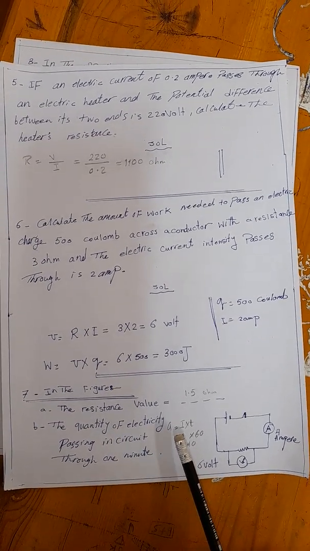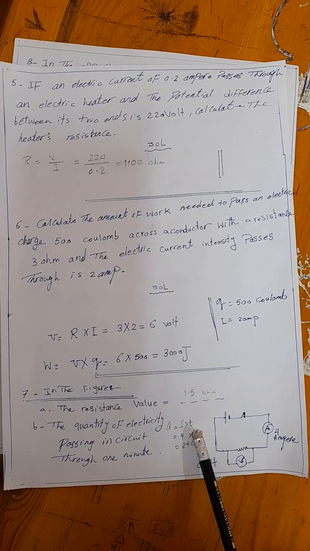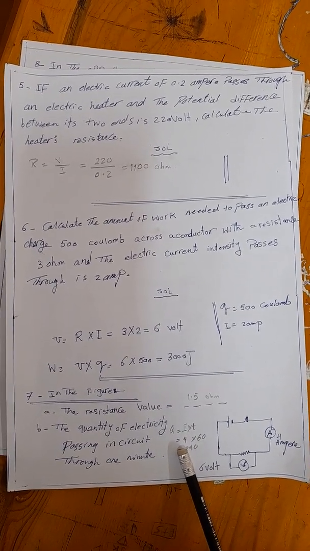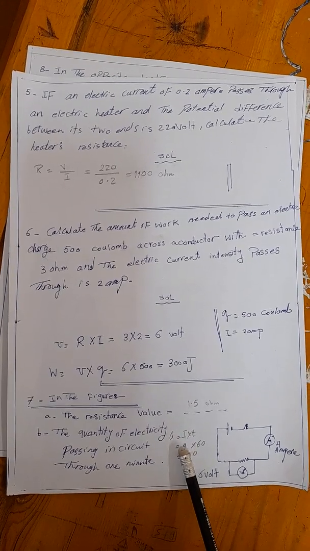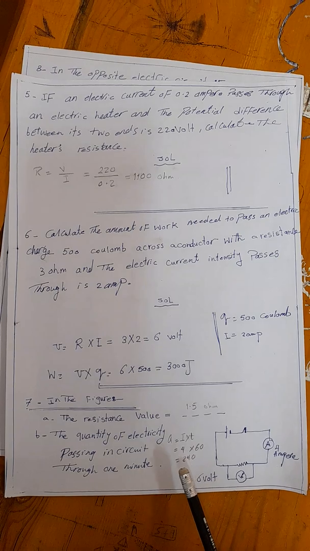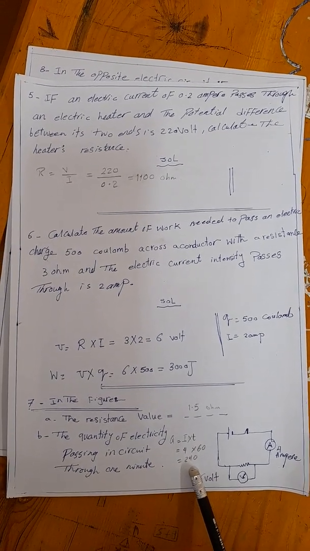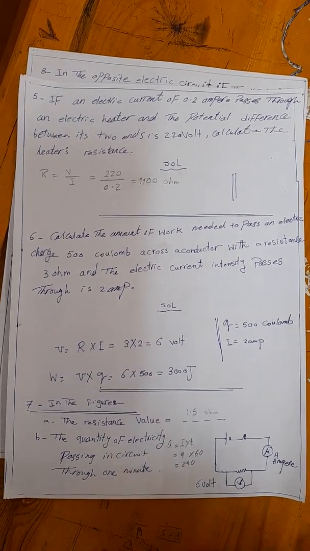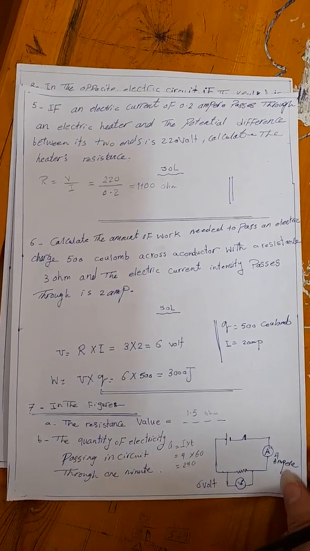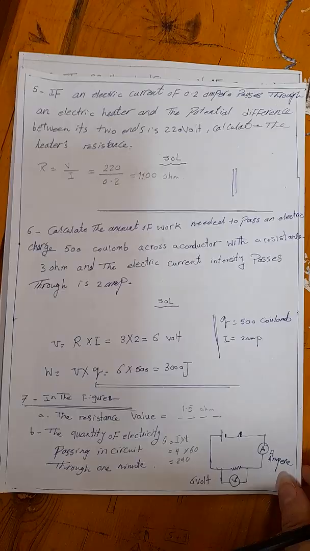So Q equals I times T, I equals 4, T equals 60, and the result is 240 coulomb. Coulomb is the measuring unit of the quantity of charge Q.